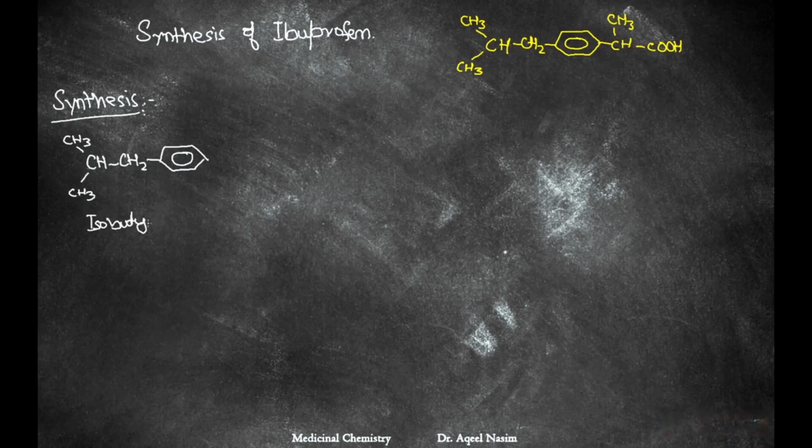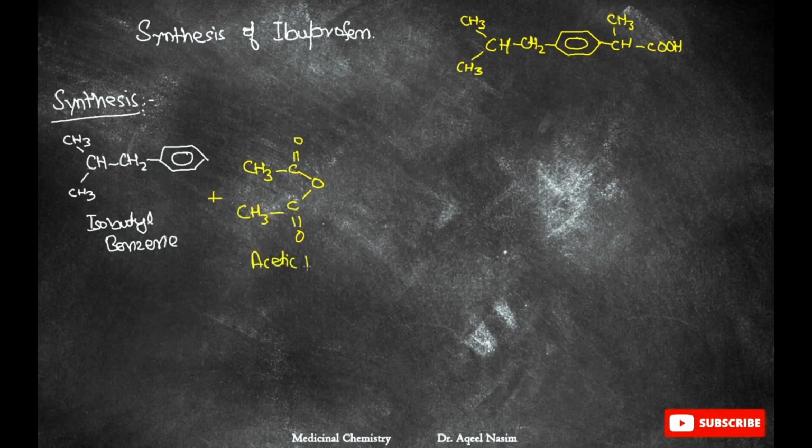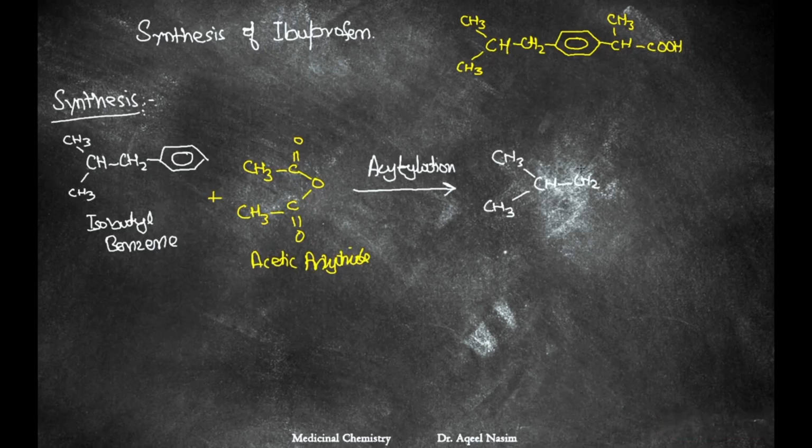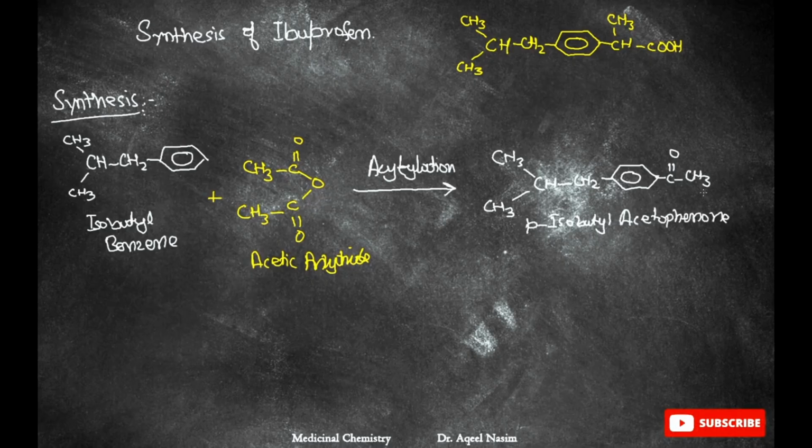The initial compound that undergoes the reaction is isobutylbenzene with acetic anhydride. These two undergo acetylation, resulting in the formation of a derivative known as para-isobutyl acetophenone.